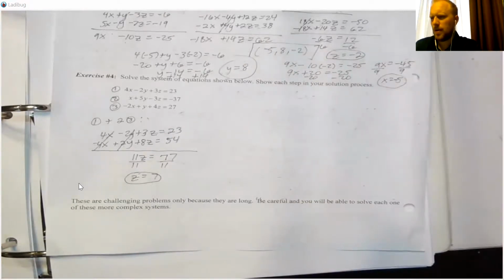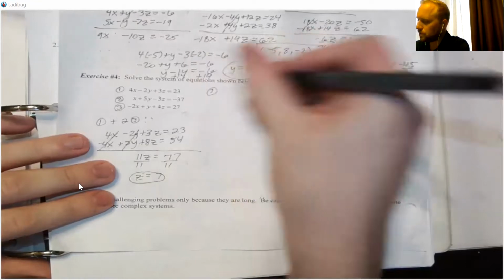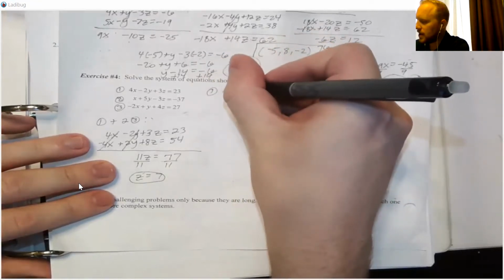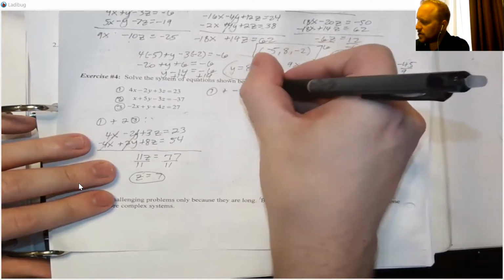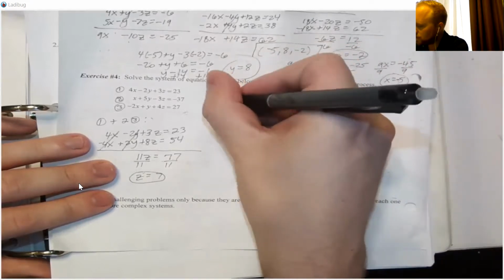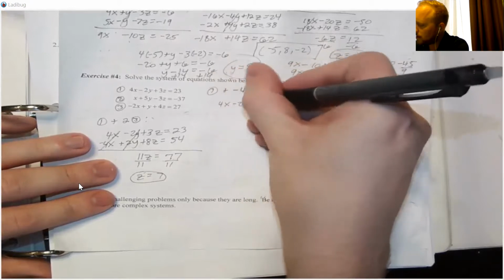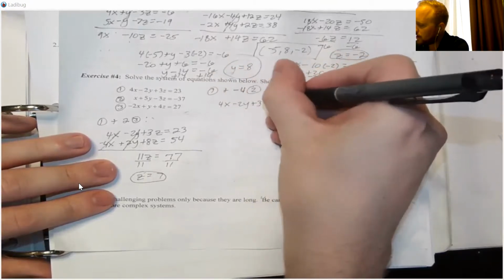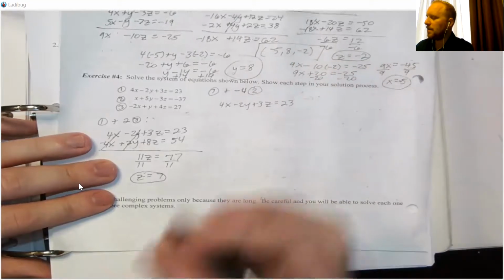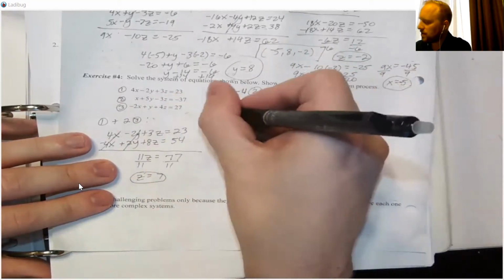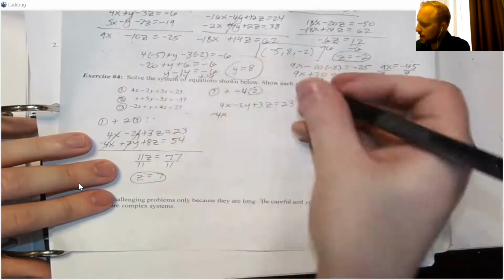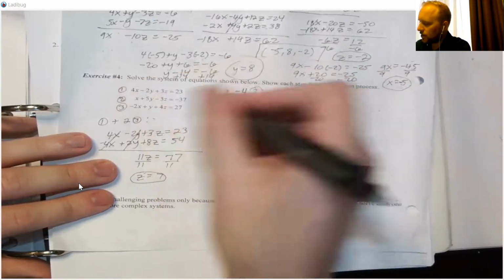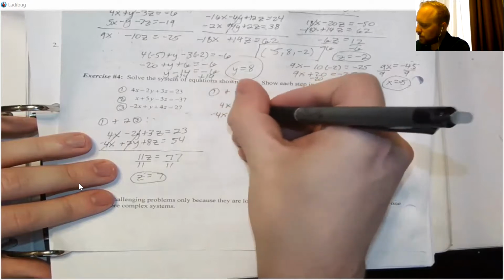Okay. So I'm going to take the first equation plus 4 times the second equation. So I'm going to take the first equation, 4x minus 2y plus 3z equals 23. And I'm going to take 4 times the second one, so that would give us negative 4x, 4 times 5 is negative 20y.